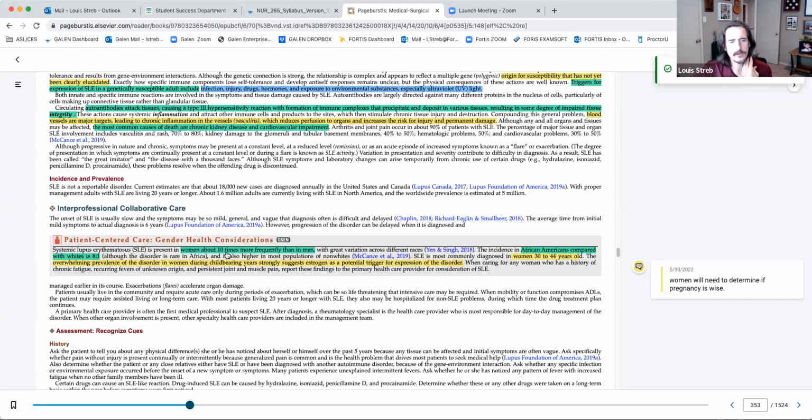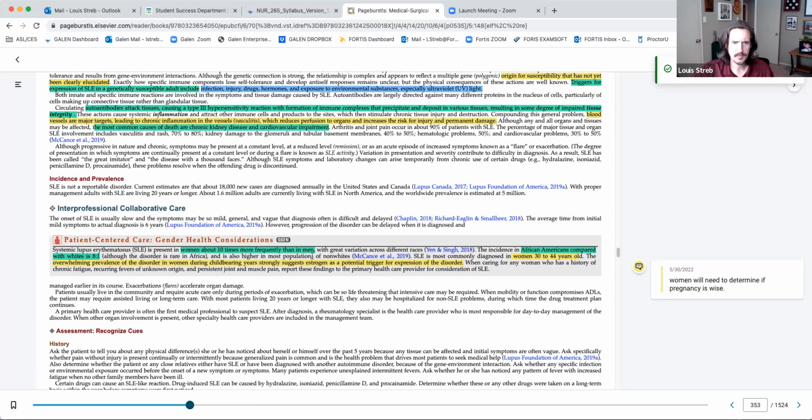All right, we know that women are 10 times more likely than men to get this. African-Americans in general, compared with whites, 8 to 1. So if you're an African-American woman, your likelihood of having this impact your life is much higher. It's interesting, it says it's rare in Africa, it's more here.